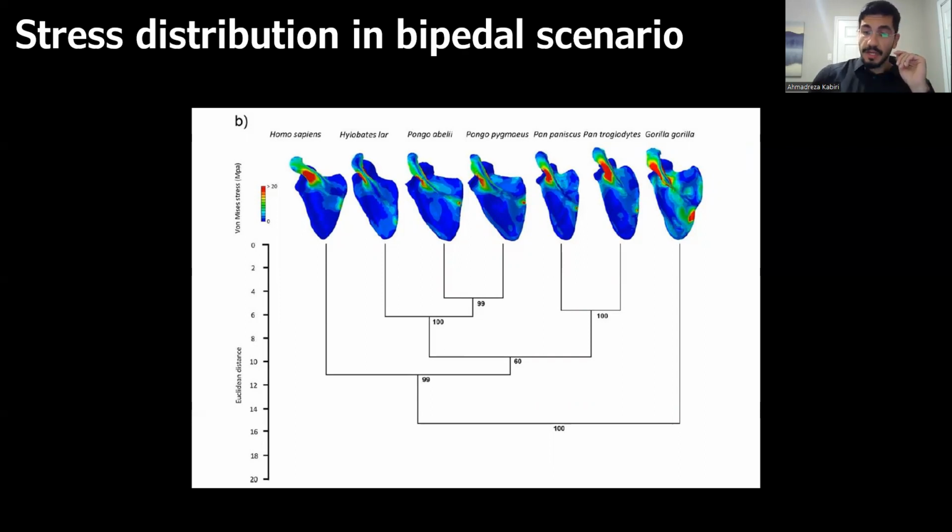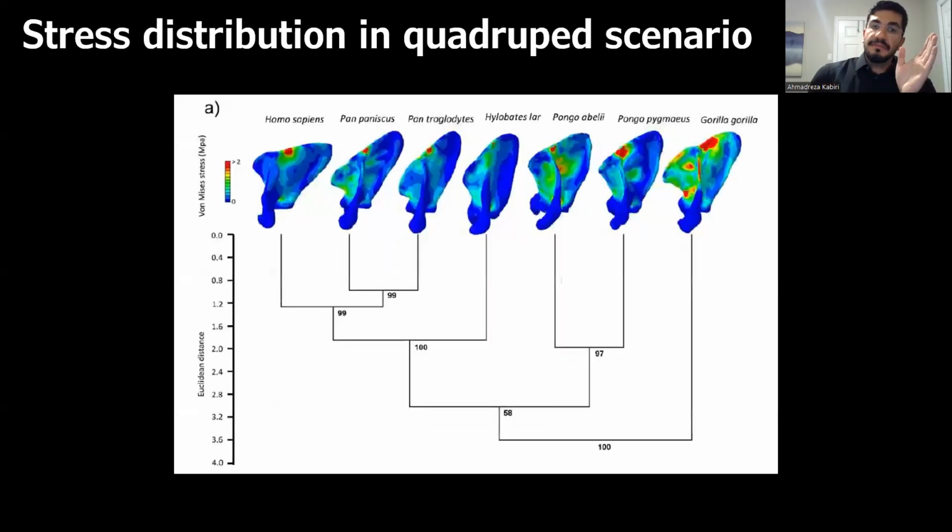And what they found was that the distribution of maximum loads, the distribution of stress in those two different scenarios was actually different.